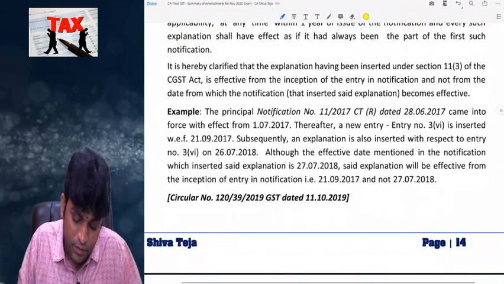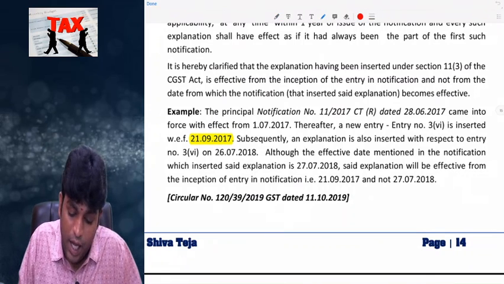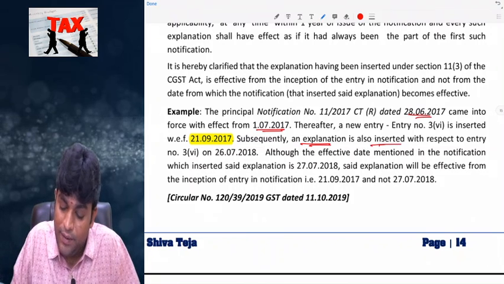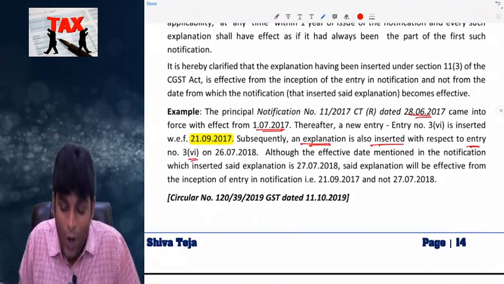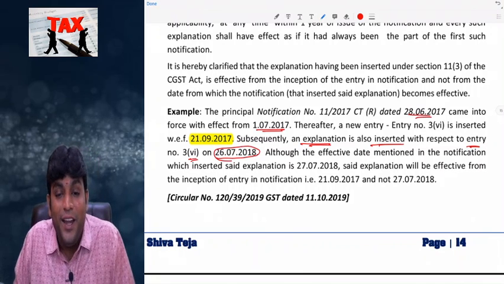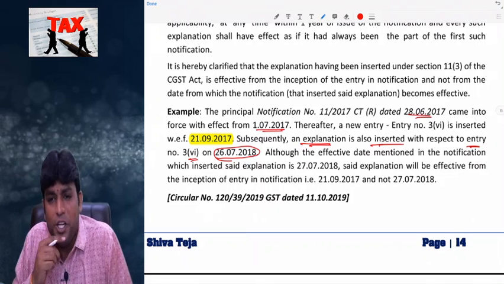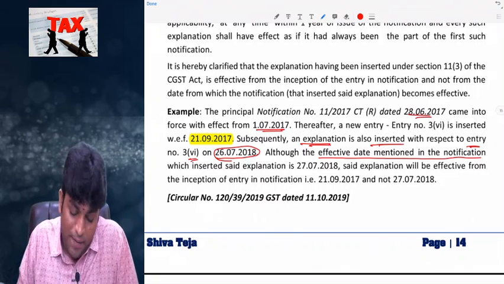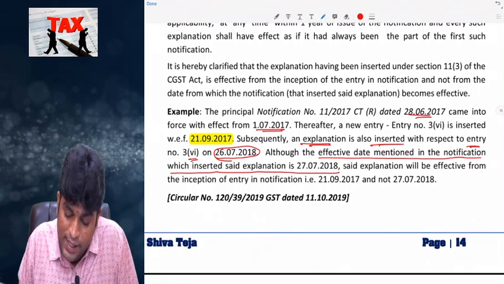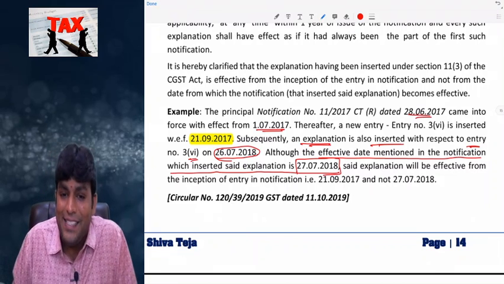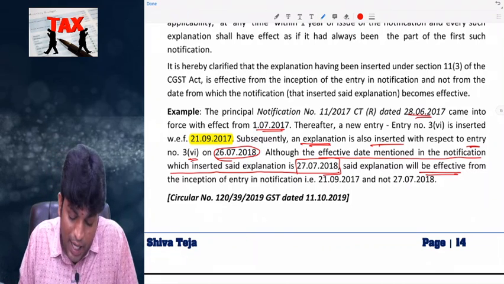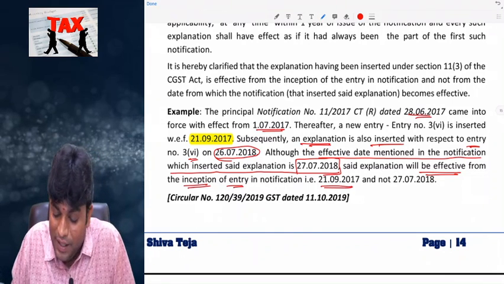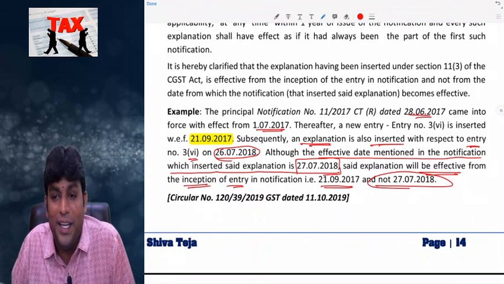I repeat, 21st September, a new entry is inserted. Then, subsequently, an explanation is also inserted with respect to entry 36, that is the new entry, on 26th July 2018. Now, what will be the effective date for this explanation? That's what we are talking about. Now, see, although the effective date mentioned in the notification which inserted the said explanation is 27th July 2018, the said explanation will be effective from inception of the entry in the notification, that is 21st September 2017 and not 27th July 2018.